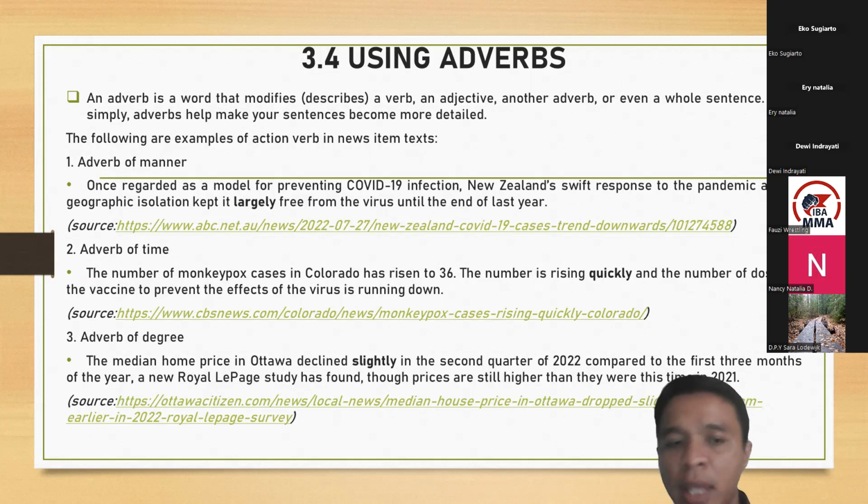And the third one, adverb of degree. For example, the median home price in Ottawa declined slightly in the second quarter of 2022, compared to the first 3 months of the year, a new royally paid study has found, though prices are still higher than they were this time in 2021. This part of the news is taken from ottawacitizen.com.